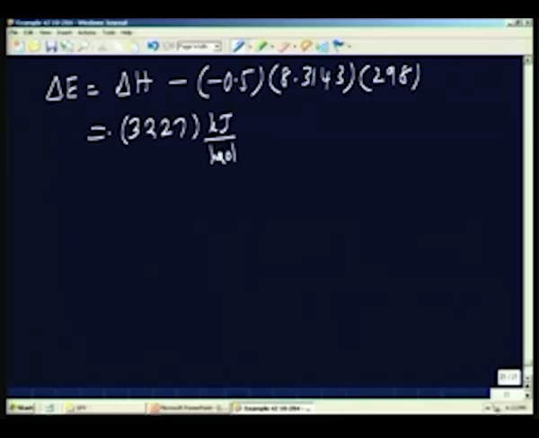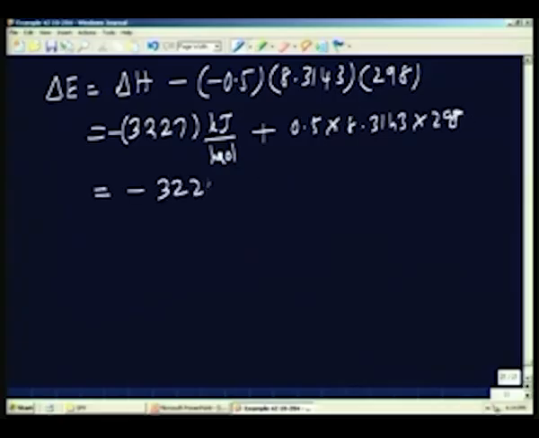This will be a negative value because heat is released. This will become plus, this whole thing is going to be 0.5 into 8.3143 into 298. So, this comes to minus 3225.8 kilojoules per mole.